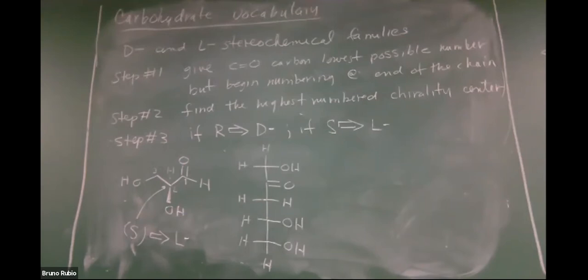Is this a D sugar or is it an L sugar? You're giving the carbonyl carbon the lowest possible number, but you have to start numbering from the end of the chain. And then find the highest numbered chirality center and determine whether that is R or S.